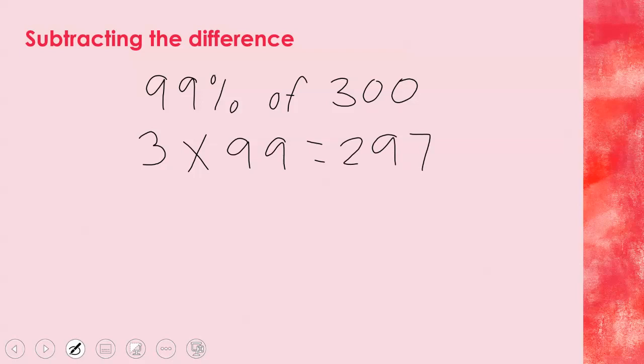It might be a lot easier for us to work out, well, I know that I can find 1% of 300 is 3, and I could just take that away from the original 300. Little tricks like that will come across as we do revision and things like that.